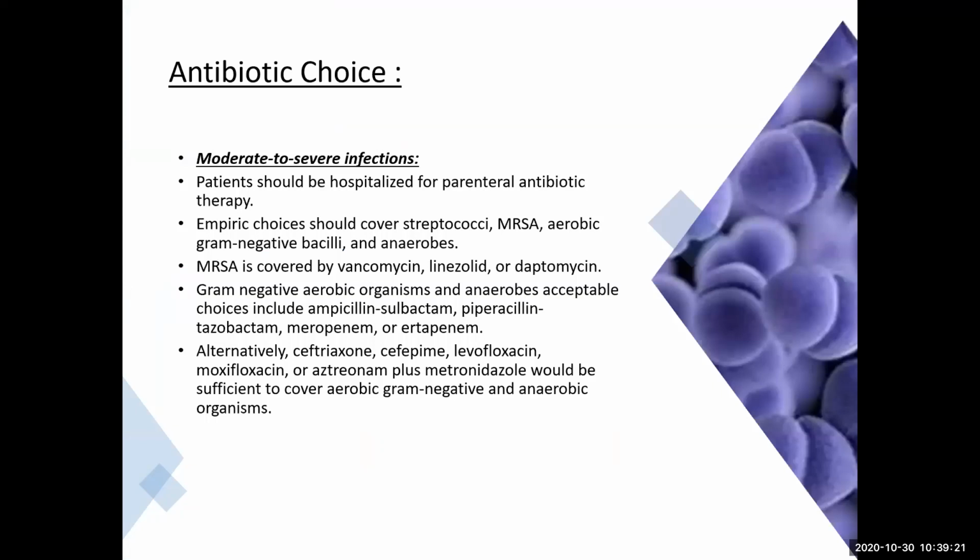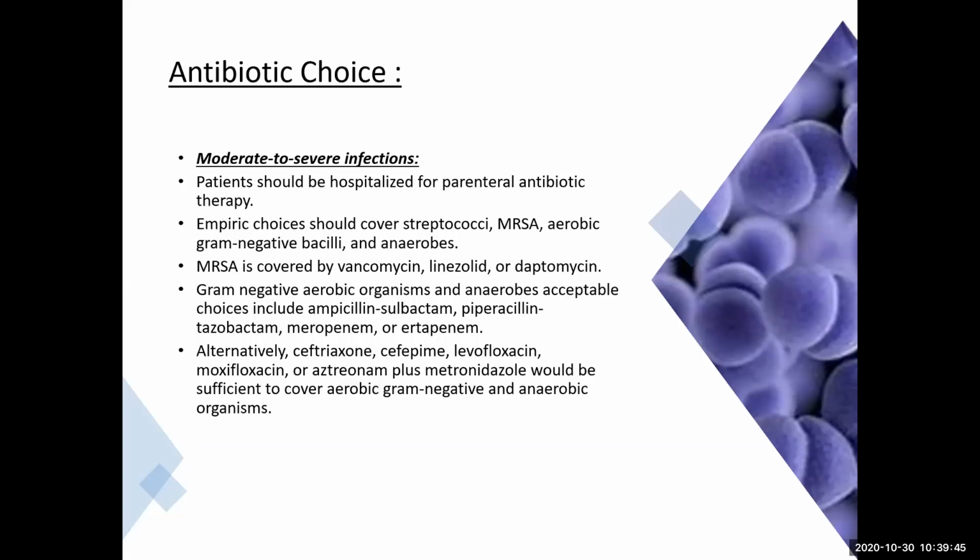If you have moderate to severe infection, the patient should be hospitalized for parenteral antibiotic therapy because you have to control the infection. Empiric choices should cover streptococci, MRSA, aerobic gram-negative bacilli, and anaerobes. MRSA is covered by vancomycin, linezolid, or daptomycin.